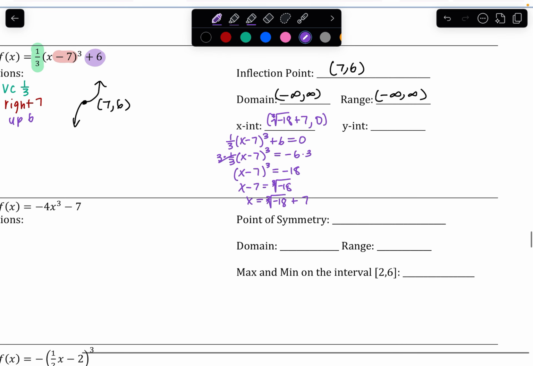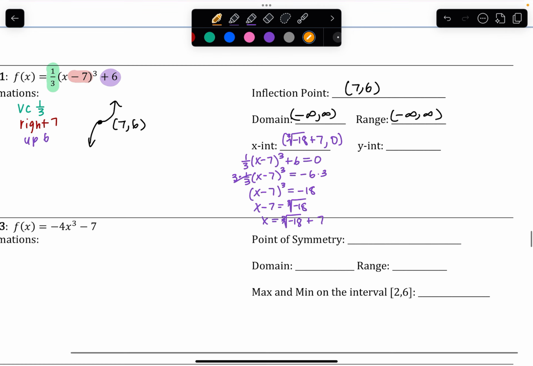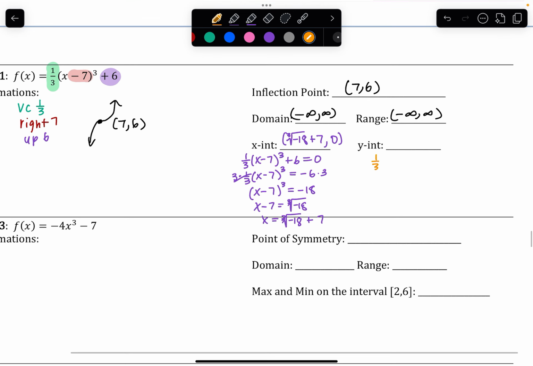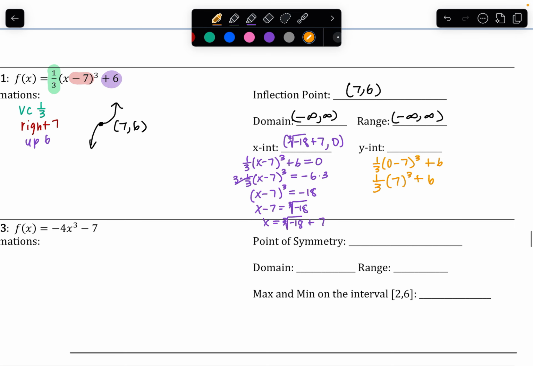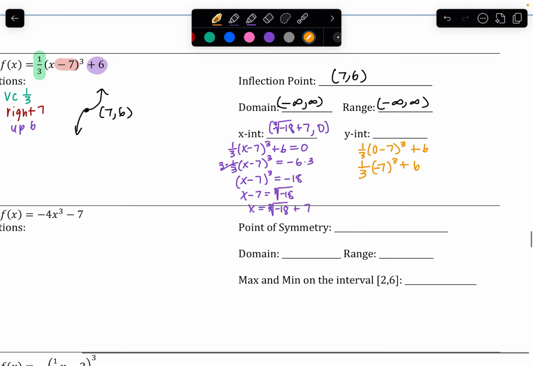And then for the y-intercept, we plug in 0 for the x. Okay, and so that would give me 1/3 times negative 7 cubed plus 6, and then negative 7 cubed, sorry, that changes things, be careful.